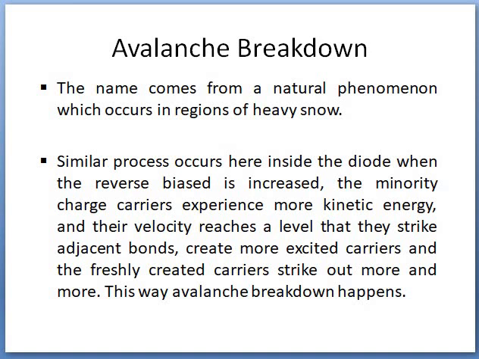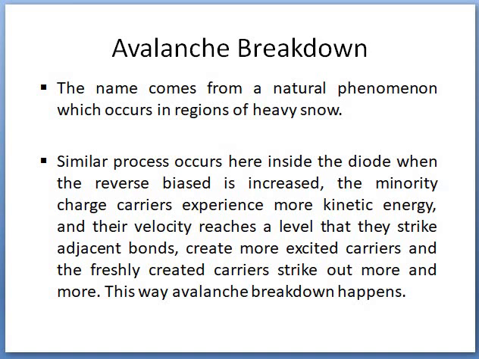In this process, minority charge carriers attain enough kinetic energy, their velocity is so high that they strike out more electrons, and more free electrons are created which are ready to be a catalyst in this process, and more electrons keep on bumping and jumping and striking, and then freshly created electrons multiply this process until an avalanche kind of situation happens.